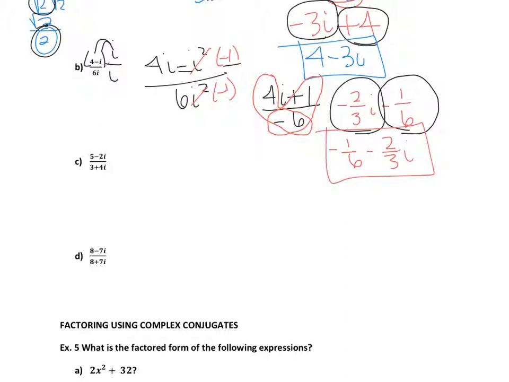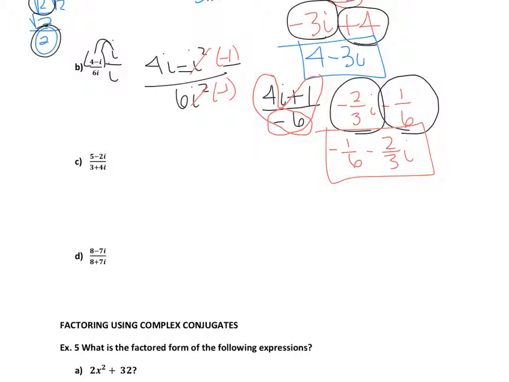Now we get to the ones where there's a complex number on the bottom. See, we've got 3, which is a real number, plus the 4i. So all together, that makes a complex number. You have to do this a little bit differently because I can't just multiply by i. It's not going to create a rational denominator.